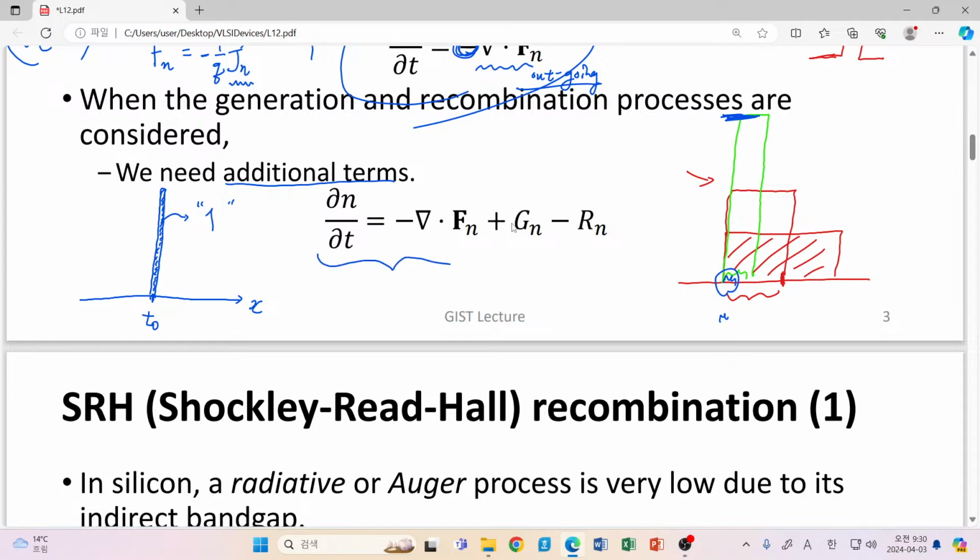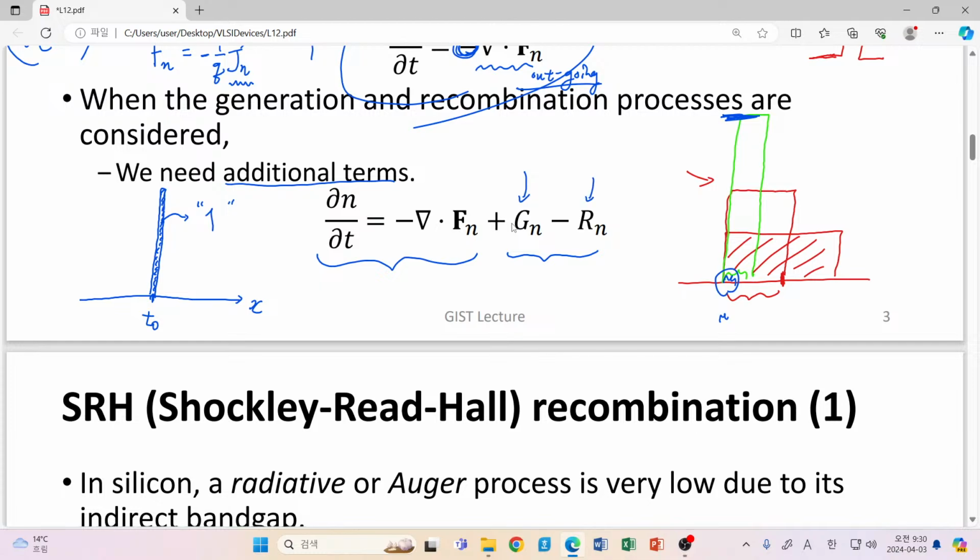Our original continuity equation just stated that the only way to change the number of particles is movement of a charge or movement of a particle through the boundary of that region. However, if we include also some cases where particles are generated or particles are annihilated, then we can introduce this generation term or the opposite term.